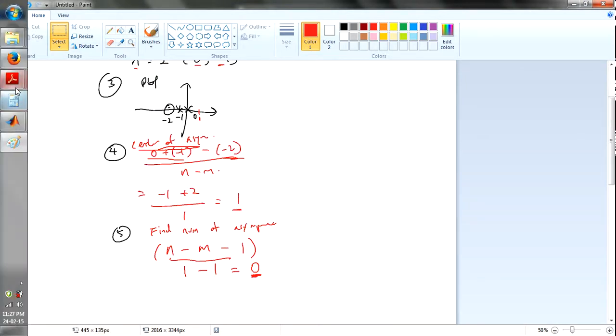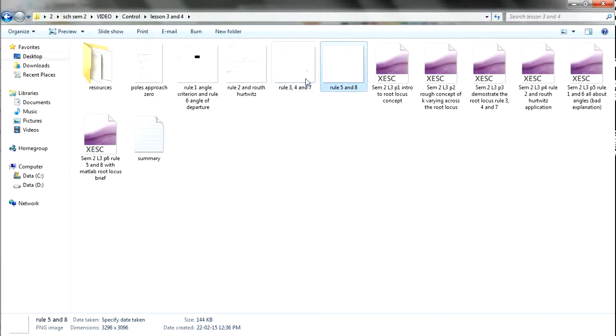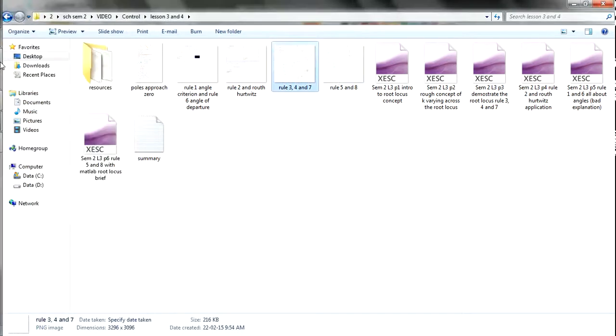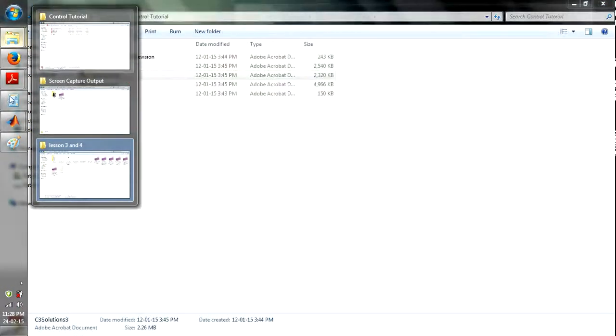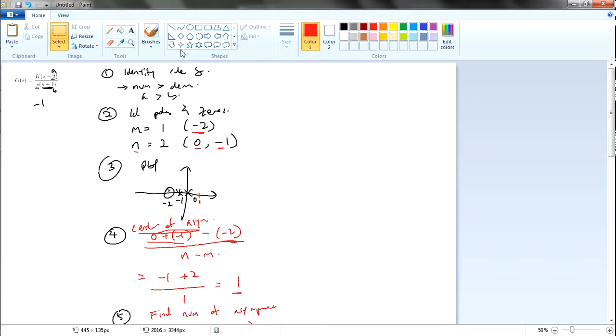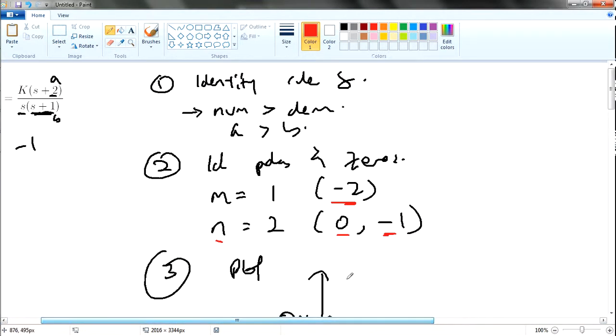So we have already cleared away rule 4. We have cleared rules 2, 3 and 4. And rule 7 is simply about the double points. Since you have double points, what you're going to do is to use the open loop transfer function, and then differentiate one time.